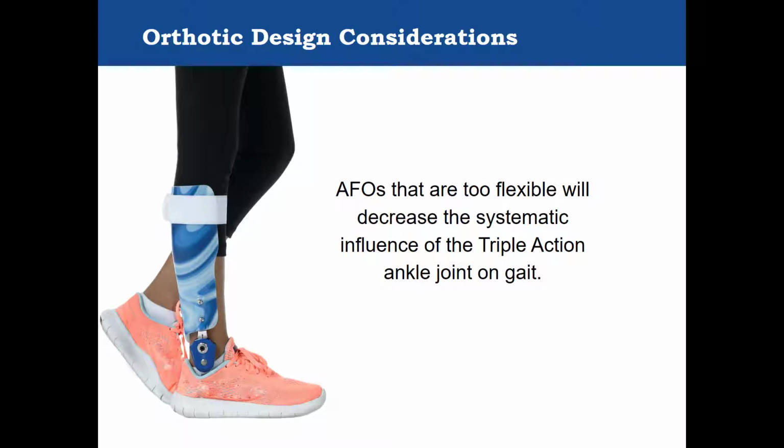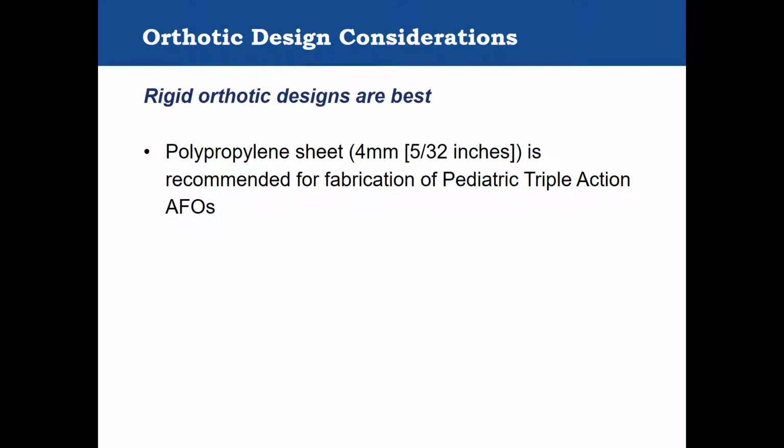AFOs that are too flexible will decrease the systematic influence of the component on gait. Becker Orthopedic is engaged in testing aimed at improving the design and fabrication of triple action AFOs. Rigid thermoplastic materials such as polypropylene in a sheet thickness of 4 mm or 5/32 of an inch are recommended.